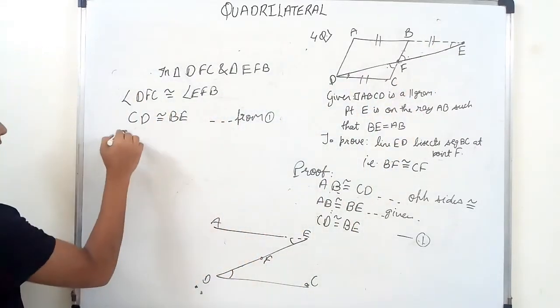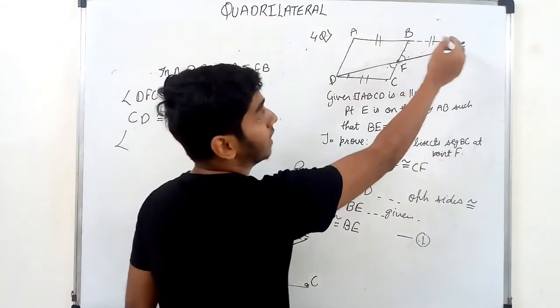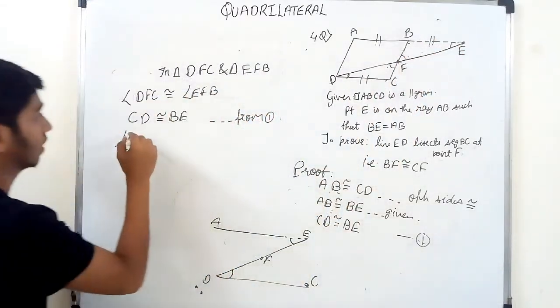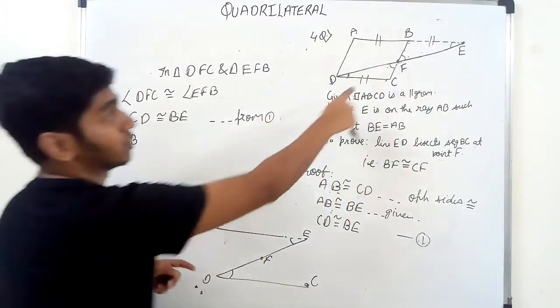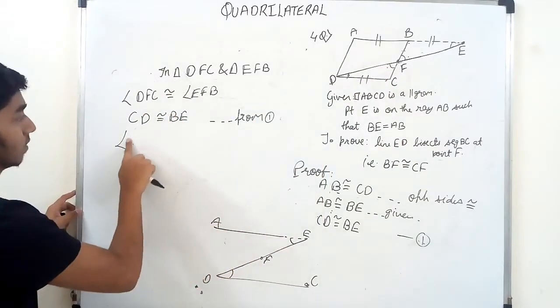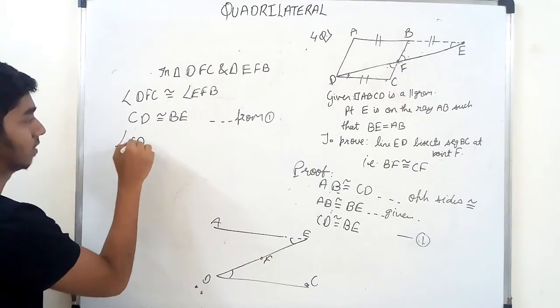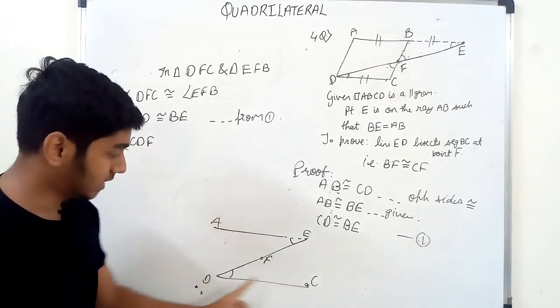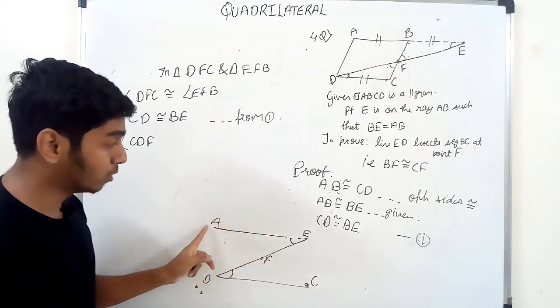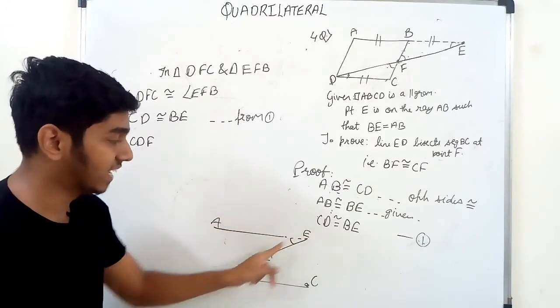Therefore we can say angle BEF. Sorry, first we are taking this triangle, right? So we'll take CDF. Yes or no? So we can say angle CDF is congruent to angle AEF.